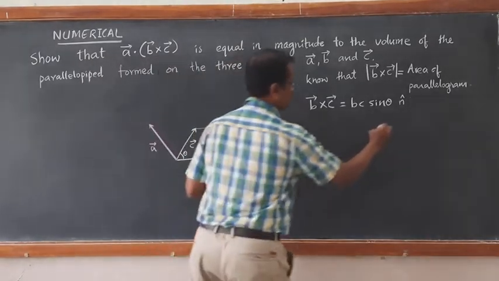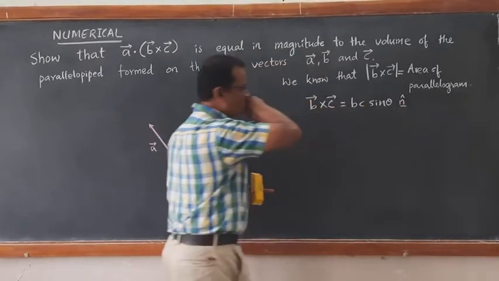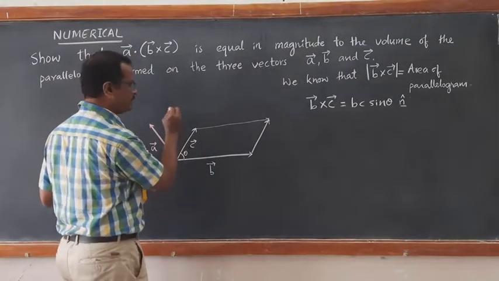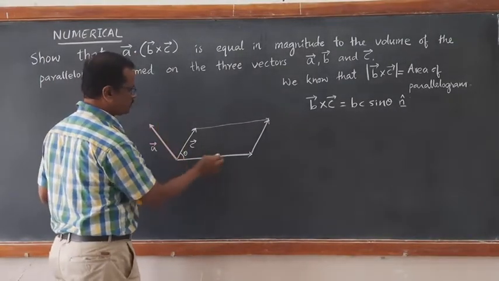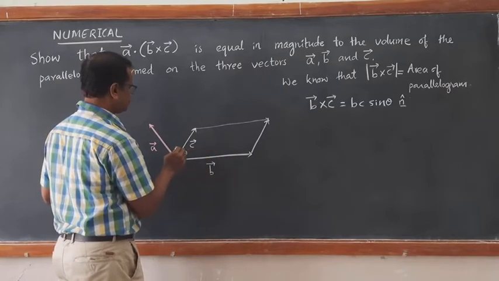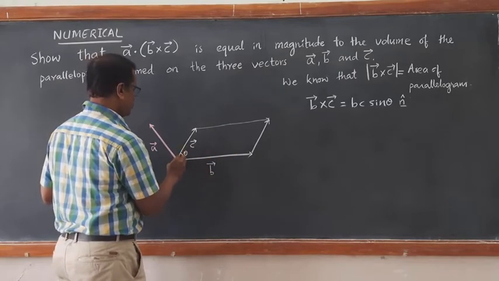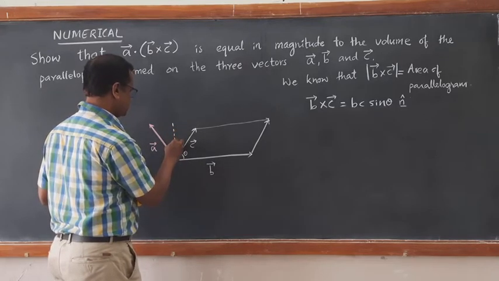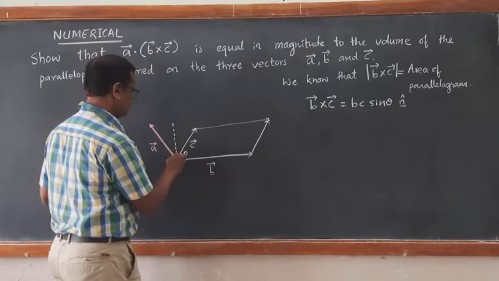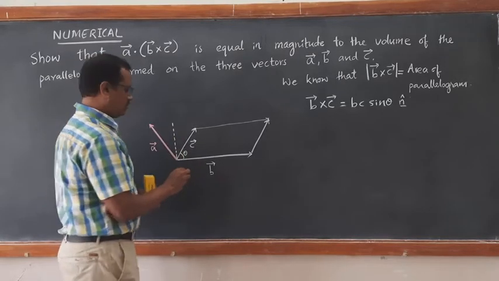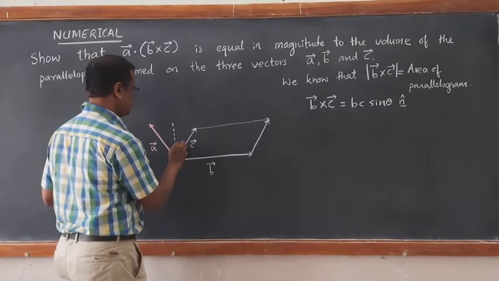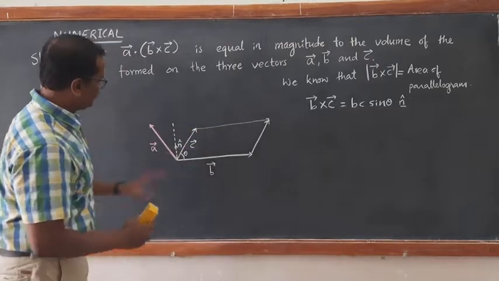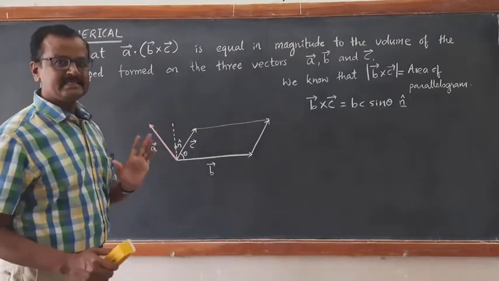But what is the direction? The direction is n cap, which is directed vertically upwards, that is, perpendicular to the plane of the parallelogram. I will draw this one as n cap, and the magnitude of this length is going to be BC sin theta.